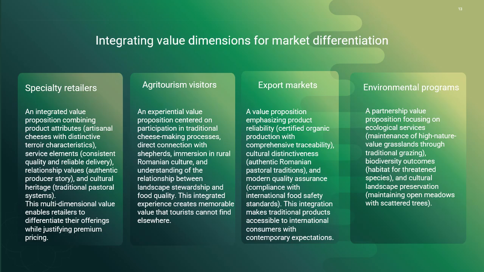For specialty retailers, the dairy creates an integrated value proposition combining product attributes such as artisanal cheeses with distinctive terroir characteristics, service elements like consistent quality and reliable delivery, relationship values including the authentic producer story, and cultural heritage represented by traditional pastoral systems. This multidimensional value enables retailers to differentiate their offerings while justifying premium pricing to their customers.